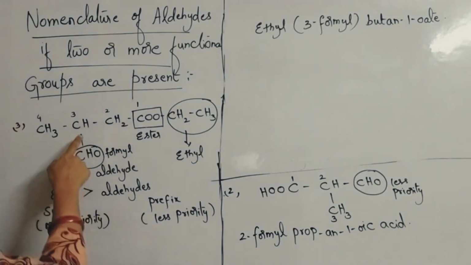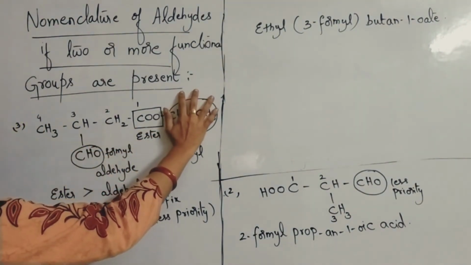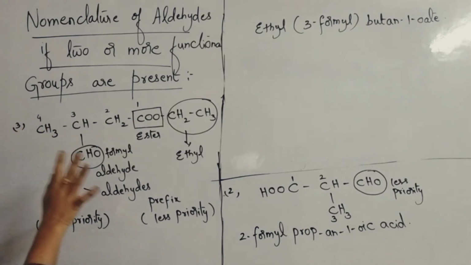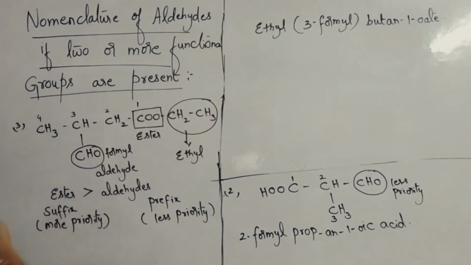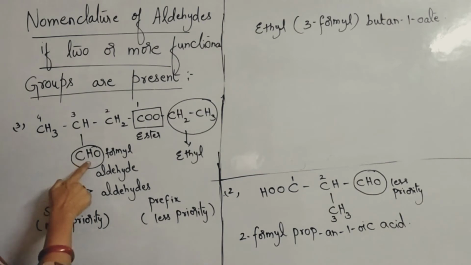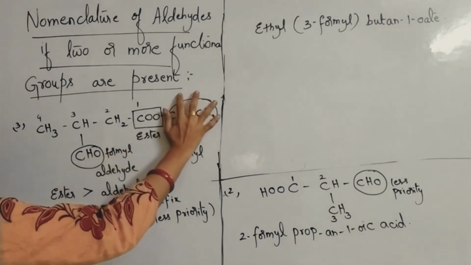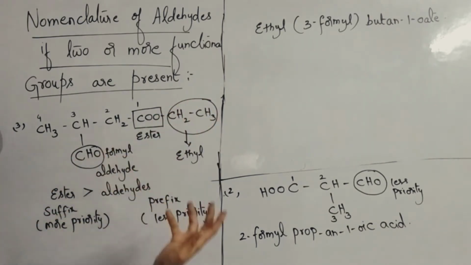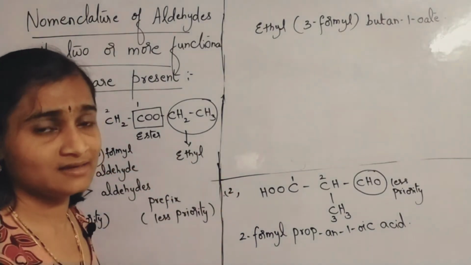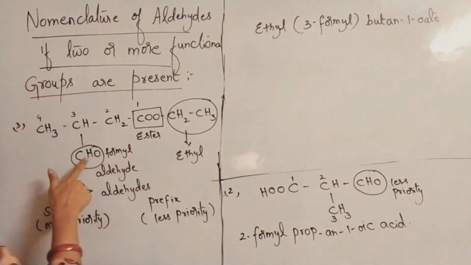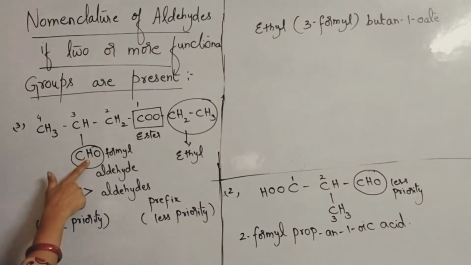Now once again you check. This will be ethyl butanoate. The name of the compound is what? Ethyl butanoate. But in that again you are having aldehyde functional group as a substituent. So you have to name this one also. So ethyl is one prefix which will be already there for esters, and again one functional group is there.